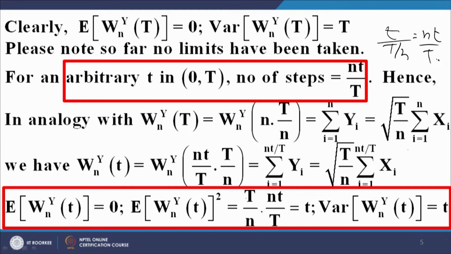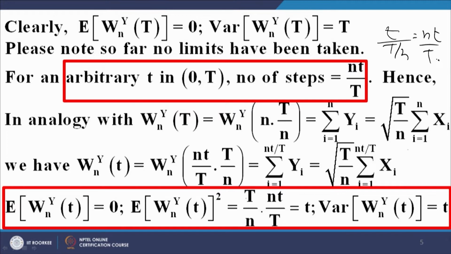In other words, in our case y I will move from 1, 2, 3 up to n t upon capital T. When we make these substitutions, what we find is that the mean remains 0, and the variance of the process is equal to the time of observation, that is, it is equal to small t. At whatever point we are making the observation, the variance of the process is equal to that length of time. This is a very important and a very significant result.